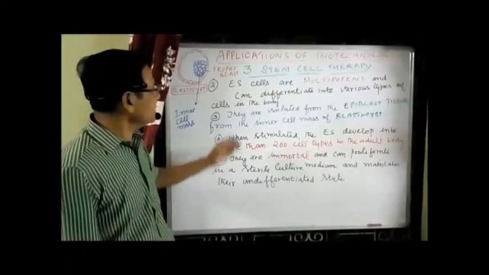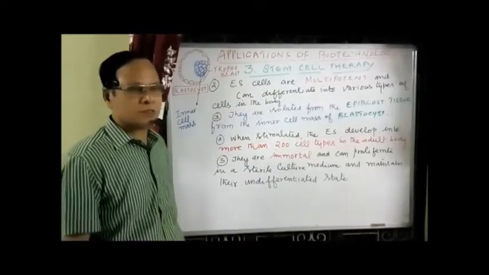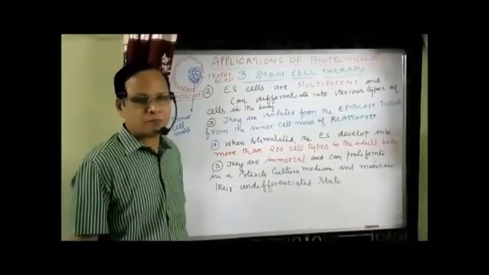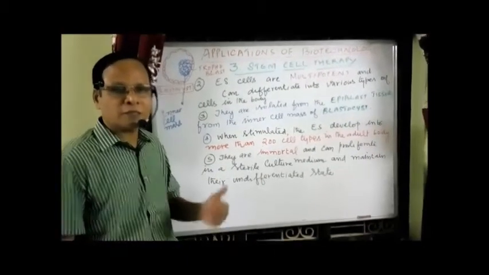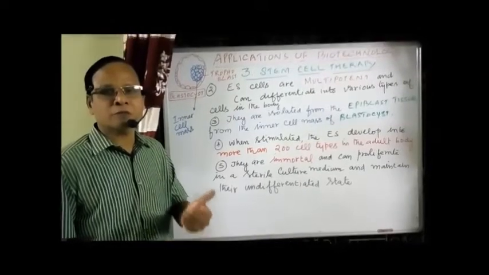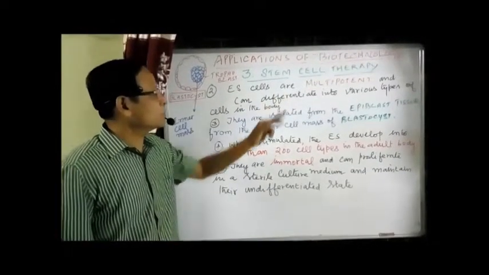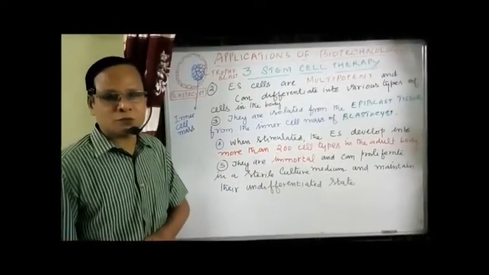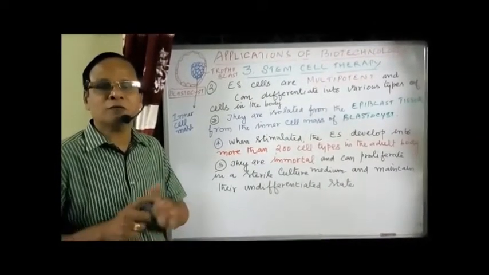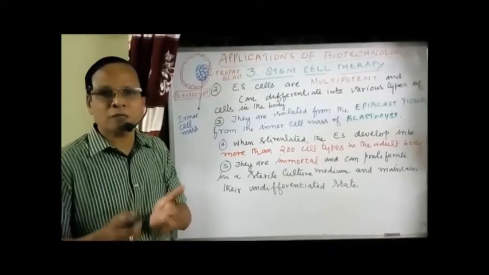Now the second property of embryonic stem cells: these cells are multipotent. They are pluripotent, and can give rise to the different layers, the ectoderm, endoderm and mesoderm. The word multipotent refers to the differentiation of various cell types from the three germinal layers.